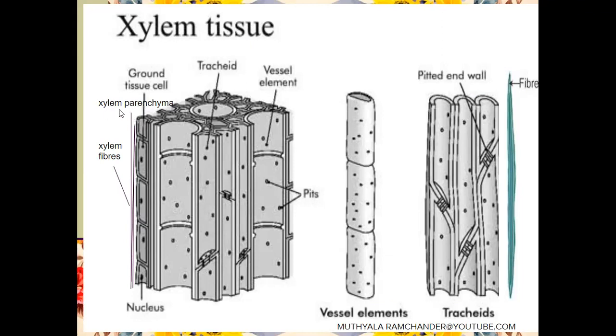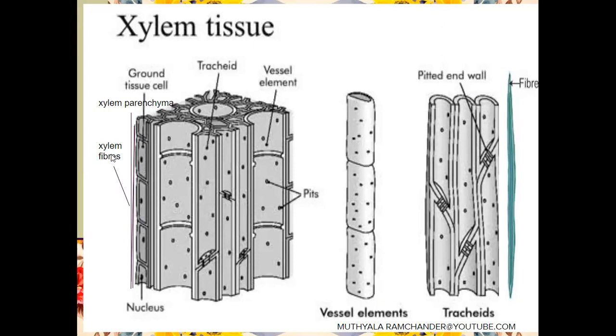The xylem parenchyma is made of living cells containing protoplast with nucleus. They are filled with a large quantity of storage food material. The stored food is supplied to tracheids and vessels, which need energy for conduction of water and minerals. That energy is obtained from the xylem parenchyma.